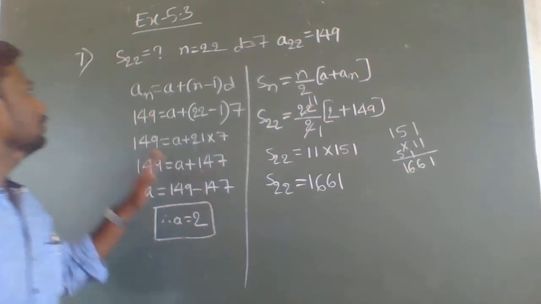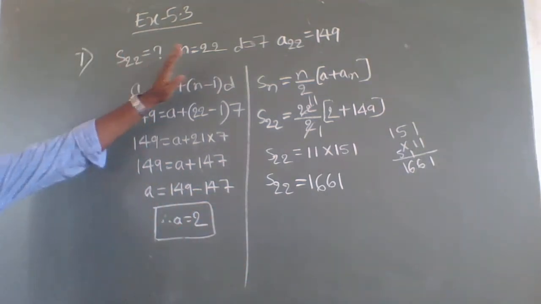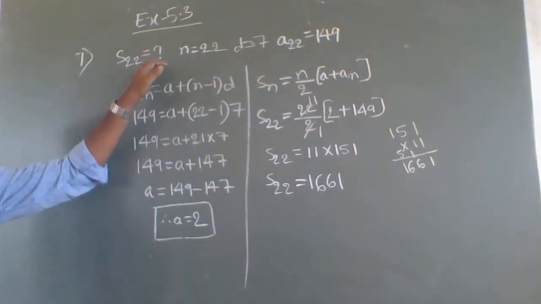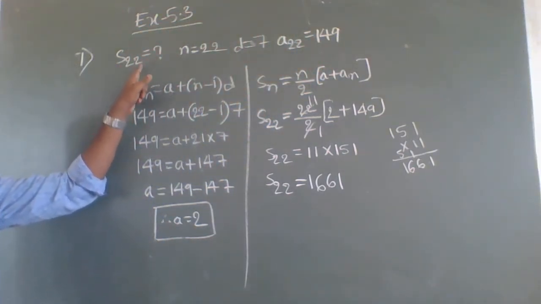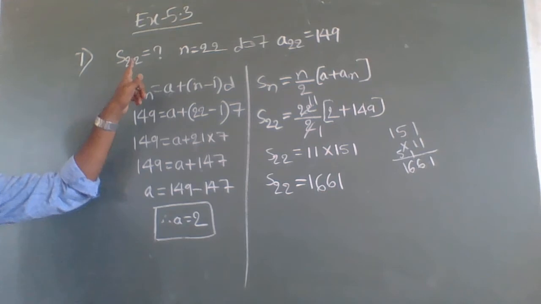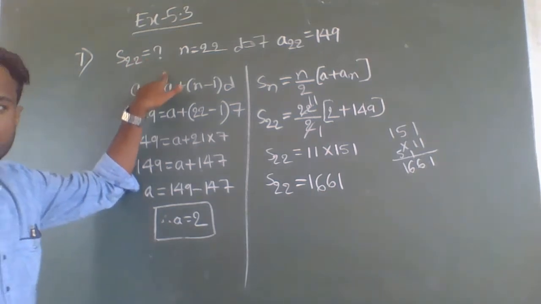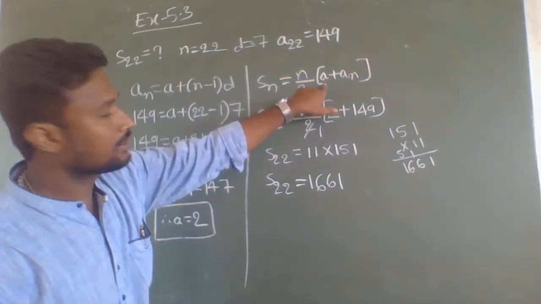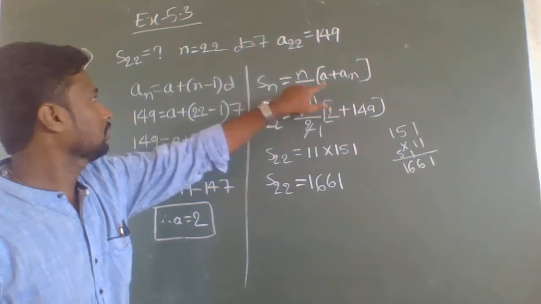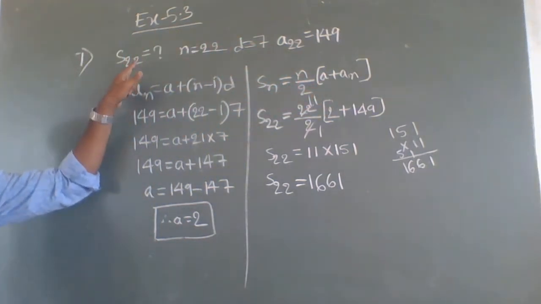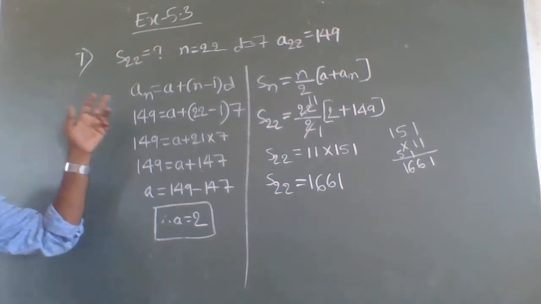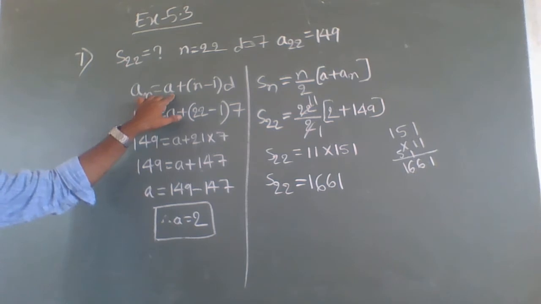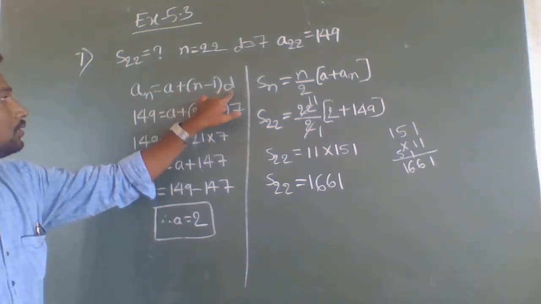How? They have given the n value, d value and a22 value. We have to calculate the S22 value. To calculate S22, first I should get the value of a, because in the formula for Sn there is an a term. To calculate the a value I used the formula an equals a plus (n minus 1) into d.